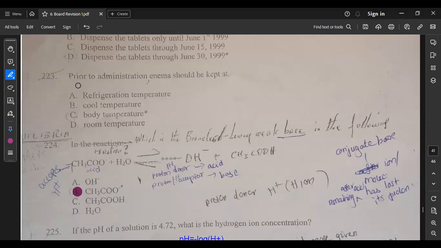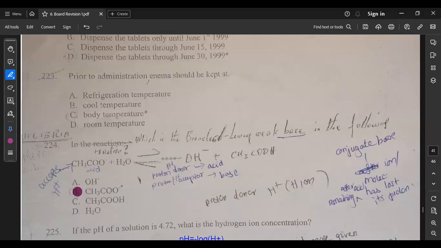So in this equation, C would be the conjugate acid, and then A would be the conjugate base. I think we just look at B and C. I'm not sure about A and D.